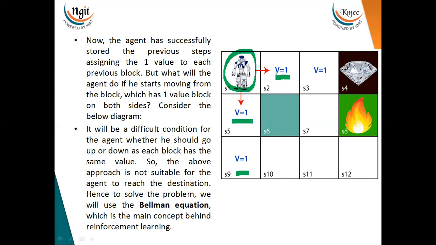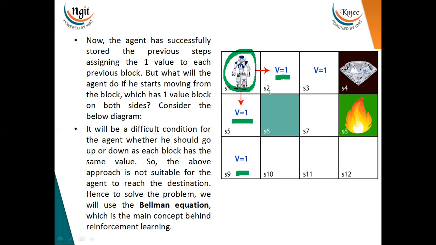Which action should the robot take? Should it move to the right or downward? It doesn't know. It wants to reach the goal. By seeing the maze, you can tell that it should move right and select the block S2. But the robot doesn't know whether moving toward S2 or toward S5 will reach the goal. So putting the value 1 in the visited blocks is not the correct solution to remember the path.